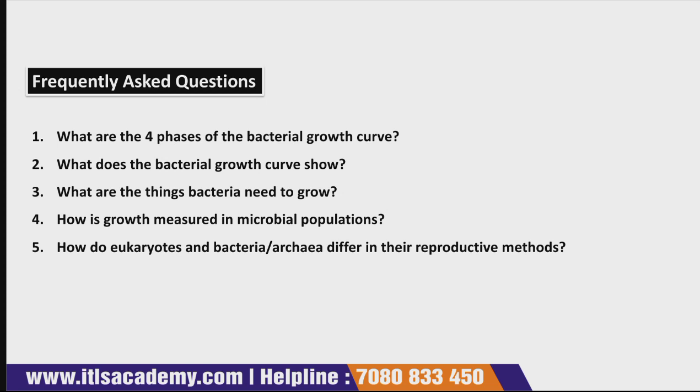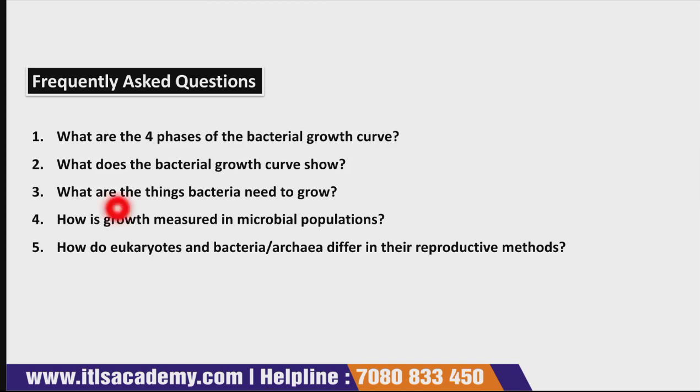What are the things bacteria need to grow? That means the physical factors, the chemical factors, and how nutrition plays an important role for any bacteria to grow. Then, how is growth measured in a microbial population?